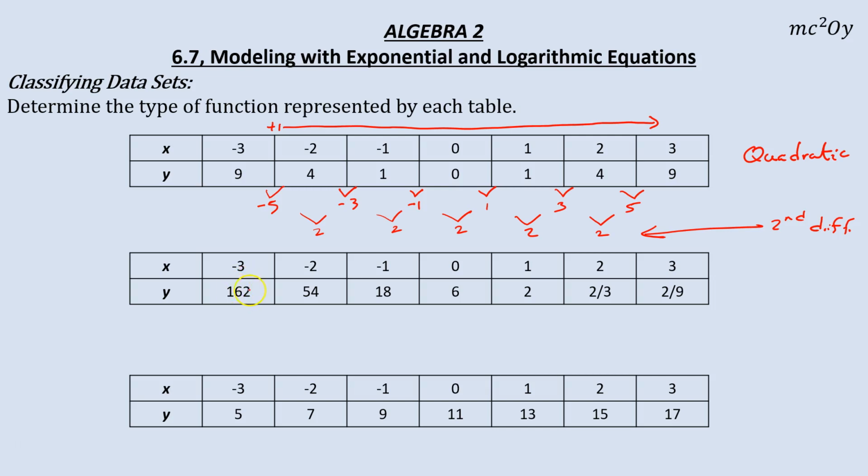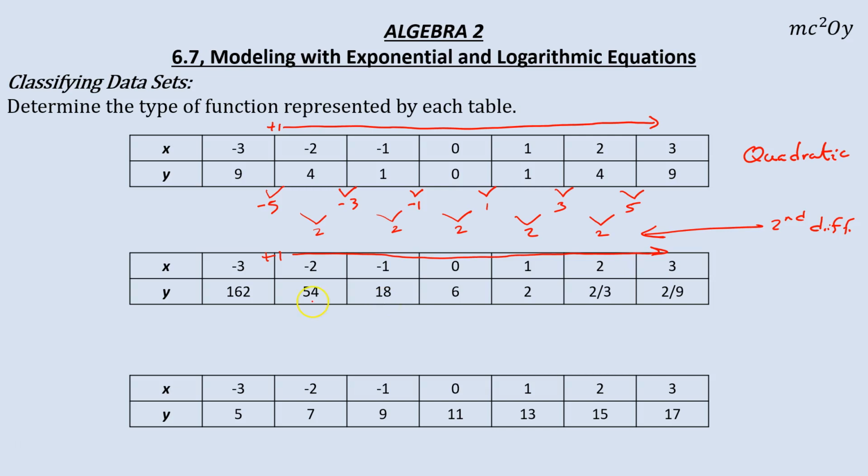Looking at this next one, by the way, we're adding 1 every time, so the inputs are the same. But notice on my outputs, I go from really big to quite a bit smaller, and then it starts decreasing at a smaller rate, or the numbers get closer together. When that happens, that's generally a sign that it's an exponential pattern.